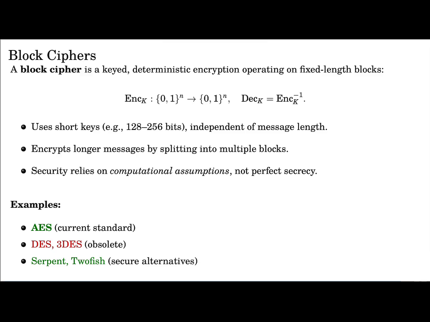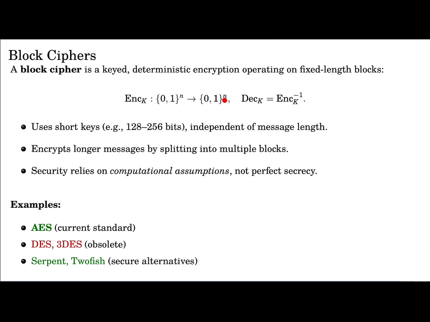I'll mention that one of the major tools in modern symmetric key cryptography is something called a block cipher. A block cipher is a deterministic encryption algorithm that acts on fixed size blocks. For a fixed size key K, the encryption takes something of size n and gives something out of size n.